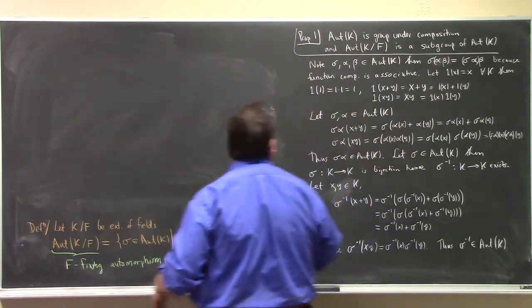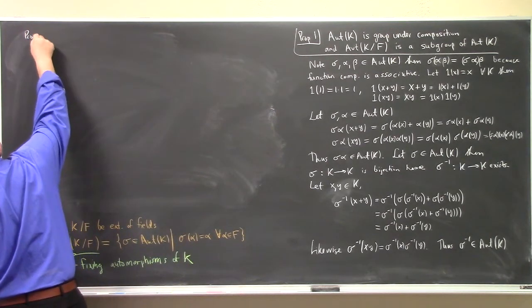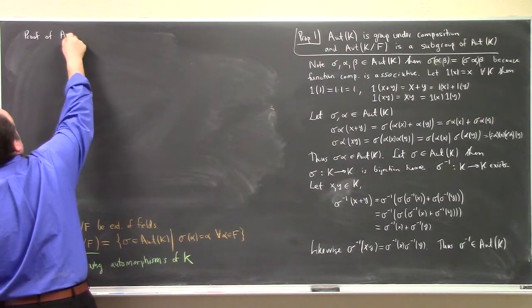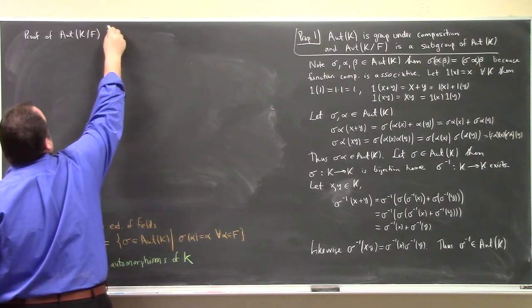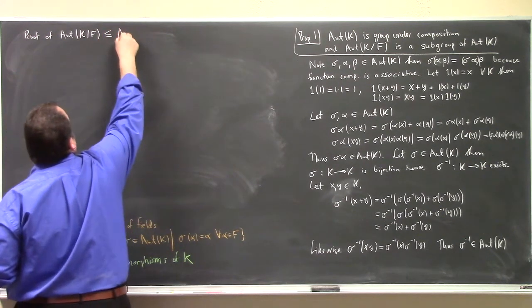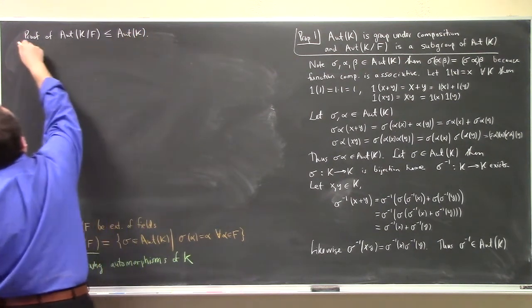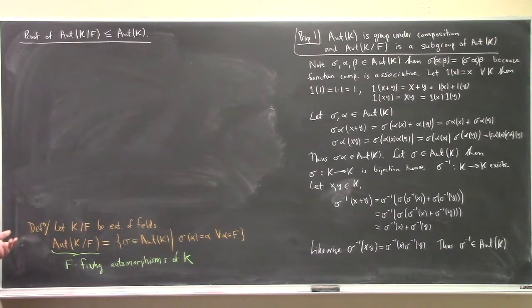Let's see here. So proof: the F-fixing automorphisms of K is a subgroup of aut K. It's a subgroup, so we got our choices. What kind of subgroup test do you want to try?